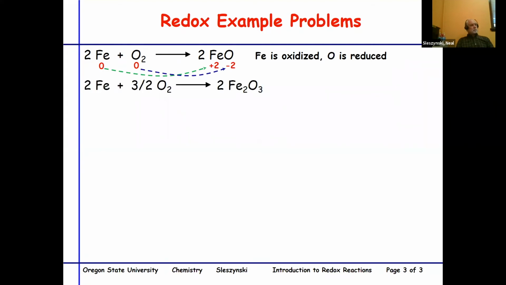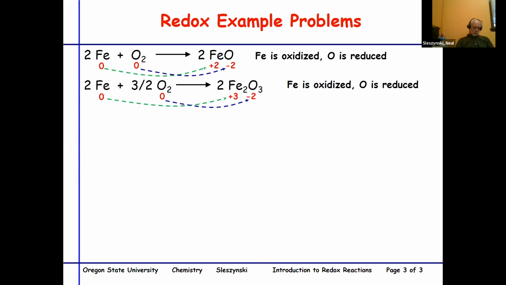We can have a very similar reaction forming a different type of iron oxide. In this case, iron is going from 0 to +3, each iron atom having given up 3 electrons, being oxidized. Oxygen, again, going from 0 to -2, being reduced. We need to make sure that we have these balanced from an electron point of view.